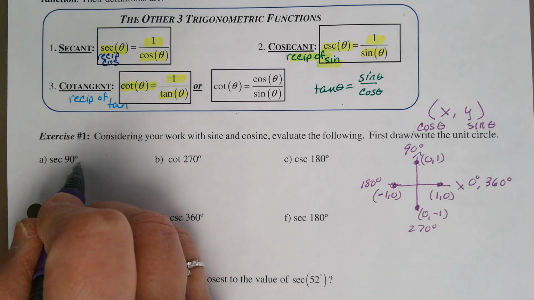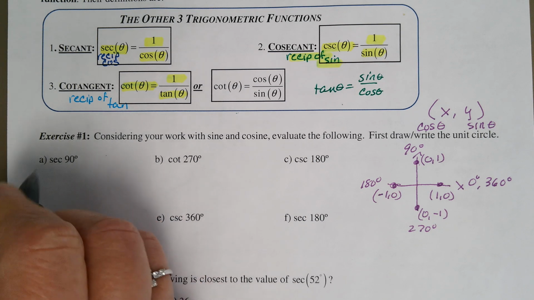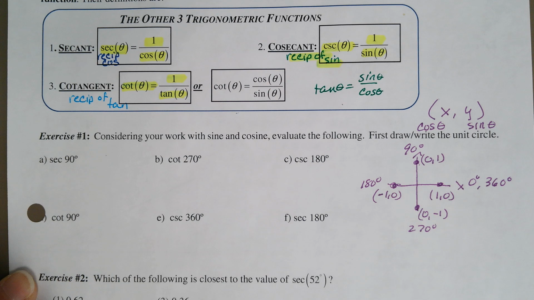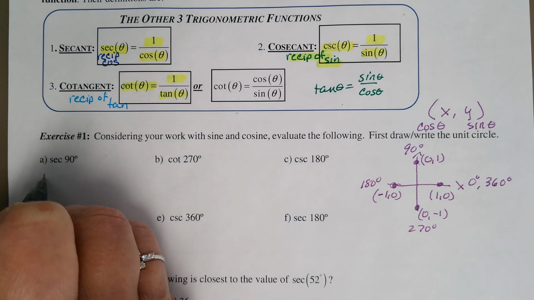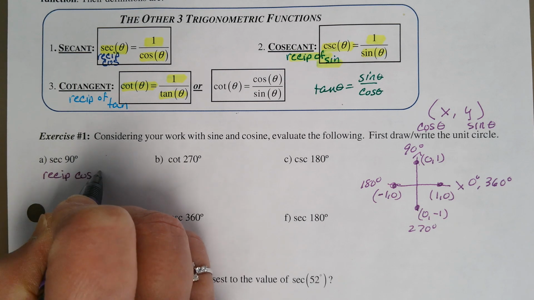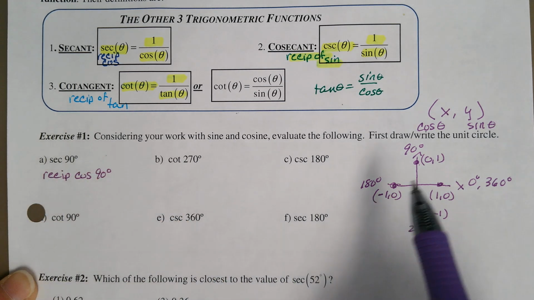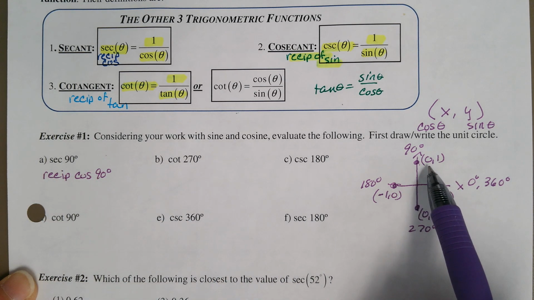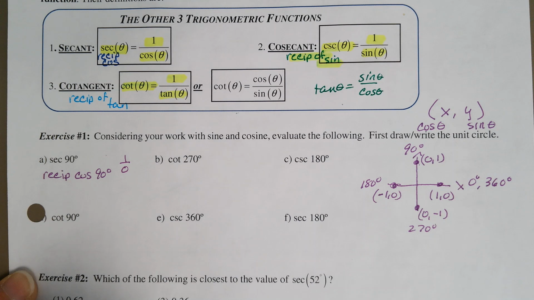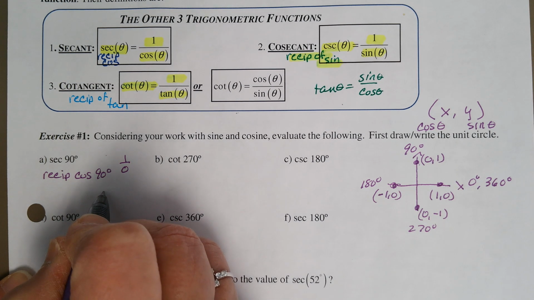So secant of 90 is the same as reciprocal of cosine of 90. The cosine of 90 degrees would be the x-coordinate, 0. So 1 over 0 is going to be what we call undefined.